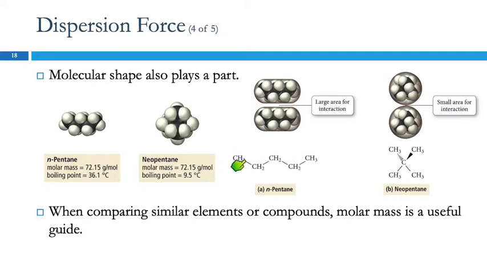If we think about this long and skinny molecule, there's more area where it can interact with a neighboring molecule, because it has to be close in order to have a significant attraction. Here we can have more of each molecule close to the other molecule, whereas with the spheres, there's only a small point that can interact.